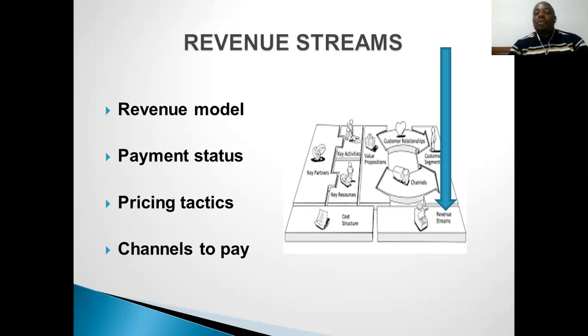Those are questions you have to ask yourself, because this is the block where a company opens its eyes to see, if we don't have enough resources, if we don't have enough money, how are we going to pay our employees? How are we going to buy materials for our product?